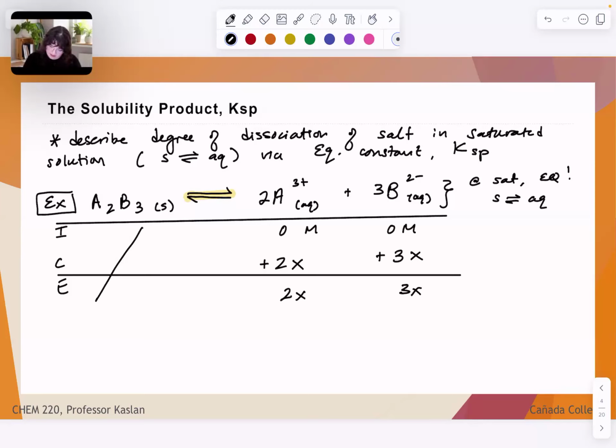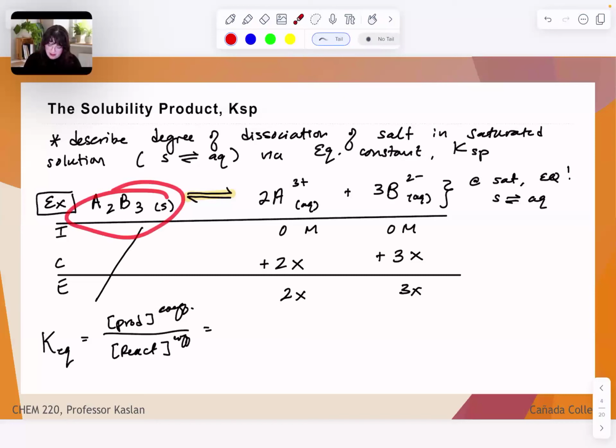And if I were to write an equilibrium expression, KEQ, this would be concentration of products to their coefficients over concentration of reactant to that coefficient. And for us here, our reactant is our solid phase, so we only have our products to consider.